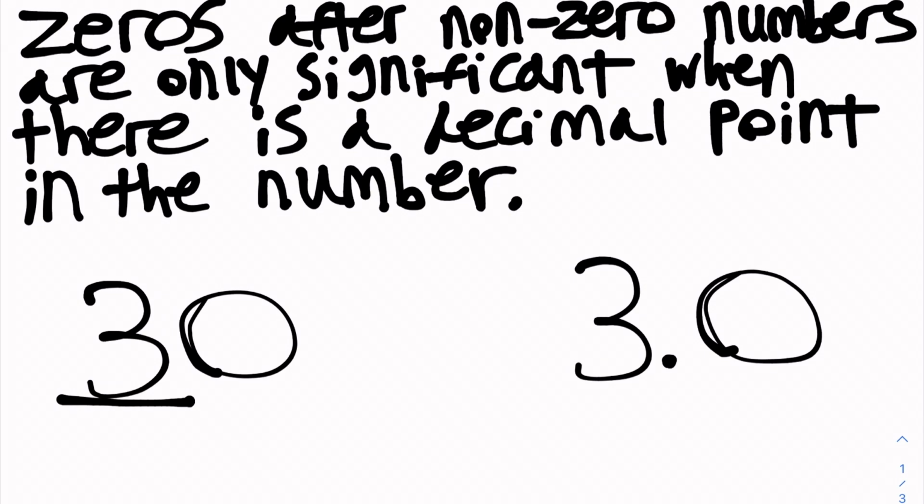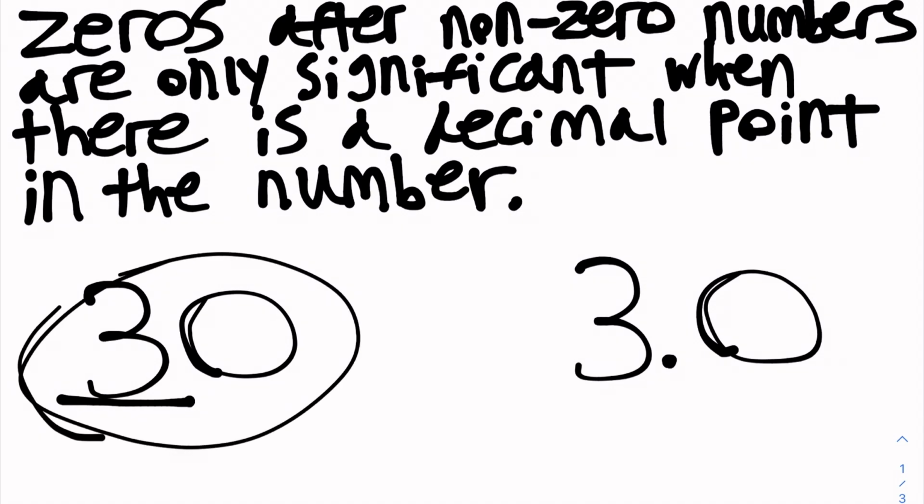So looking at 30, we don't see a decimal point in the number 30. So that will mean that the 0 after the 3 will not be significant because there isn't a decimal point present in the number 30. So this will only have one significant figure.